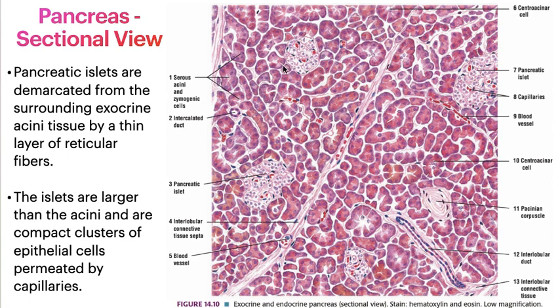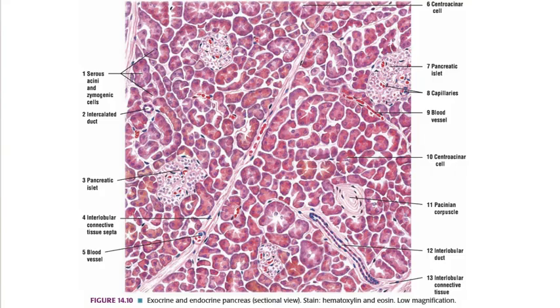The islets are larger than the acini, as clearly visible over here, and are compact clusters of epithelial cells permeated by capillaries. You can see these red things over here, they are the capillaries. They have numerous capillaries simply because they are endocrine in function, draining directly into the bloodstream. This is a sectional view of the endocrine and exocrine pancreas in low magnification, hematoxylin and eosin stain.